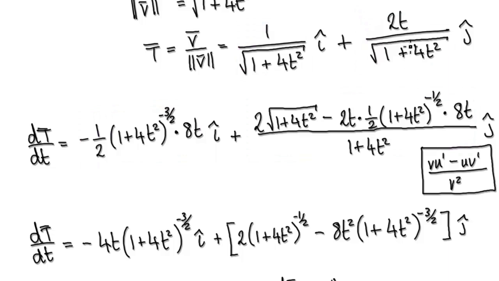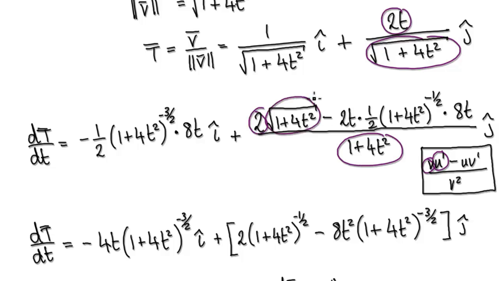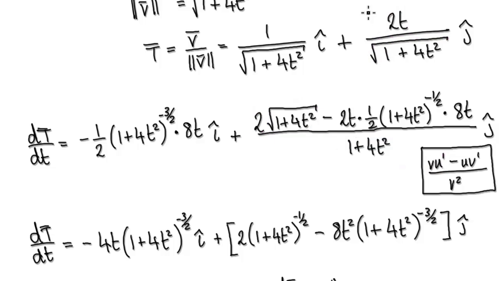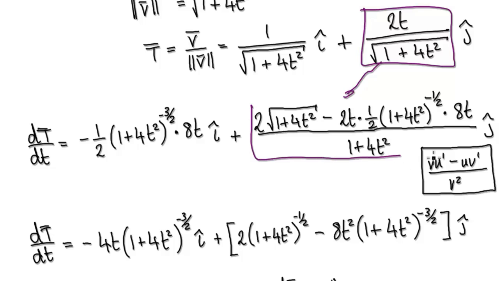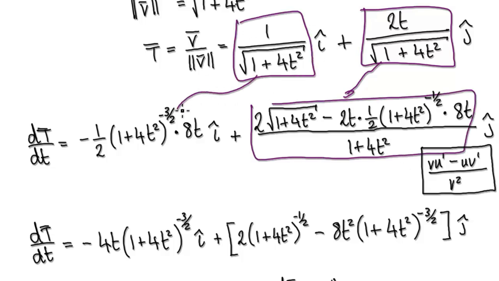So remember, imagine this as your v, imagine this as your u. So the quotient rule, square the v, that will then give you this. Leave the v alone, differentiate the u. So if you differentiate the u, that will then give you 2. Leave the v alone, and so on. Use the quotient rule, whatever method you want. Differentiate it, it will then give you this. Differentiate this, that will then give you this.